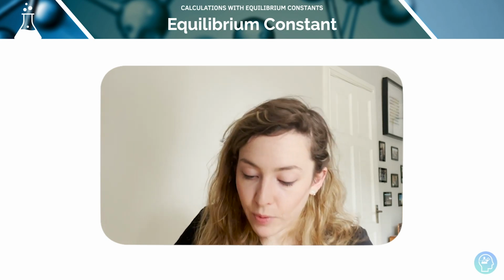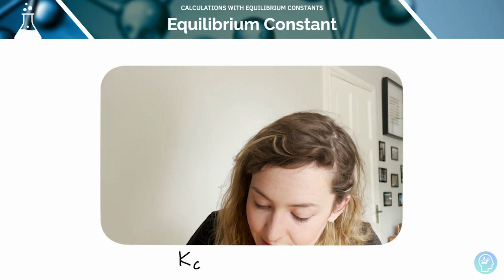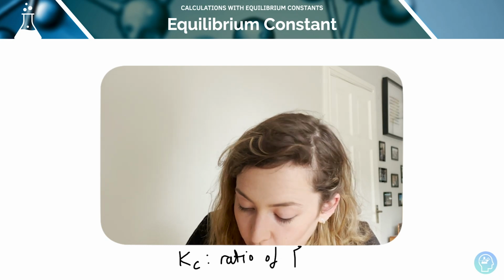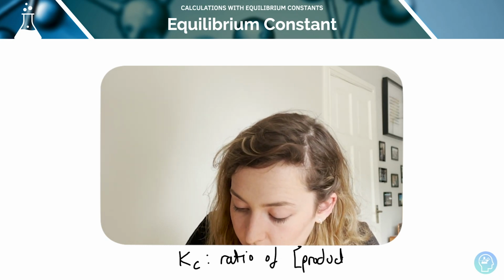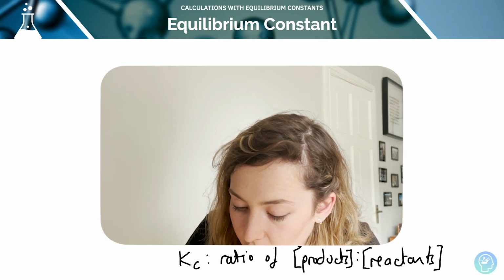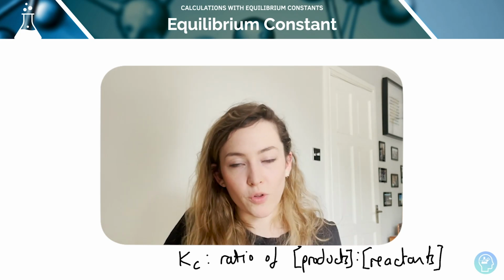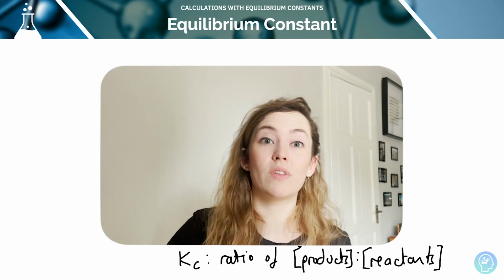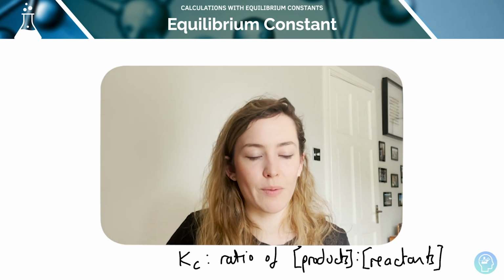So the equilibrium constant, Kc, is effectively the ratio of the concentration of products to the concentration of the reactants. And that can be used to calculate the equilibrium concentrations. So we want to find out how many do I have on one side, how many do I have on the other at equilibrium.